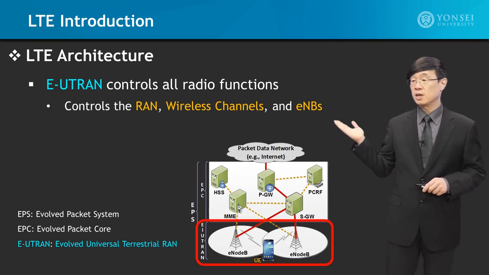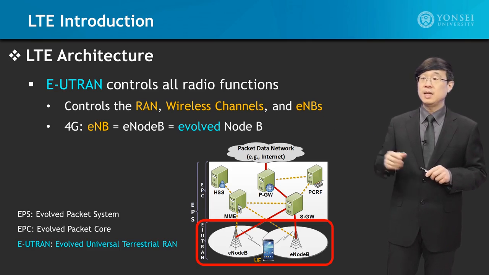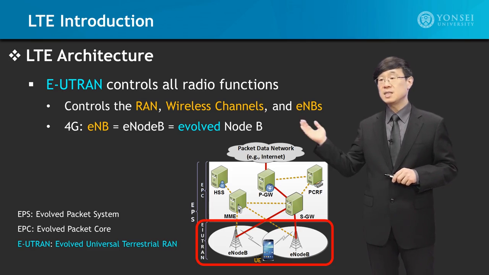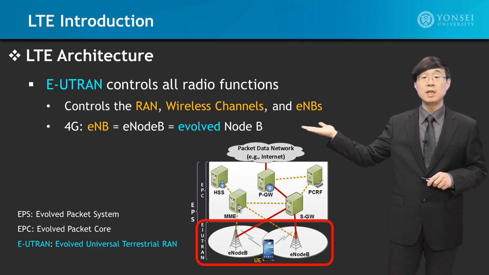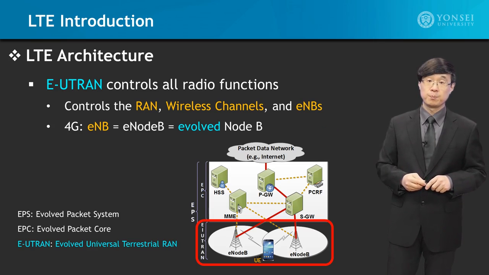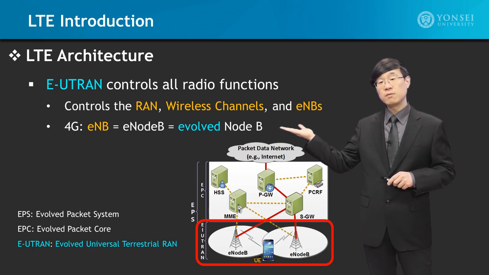This terminology comes from it controlling the radio access network. In addition, the wireless channel and the eNode Bs. The eNode Bs, in 4th generation mobile communication terminology, we write it as ENB, which stands for eNode B, which is short for Evolved Node B. So the word evolved, it's an evolved Node B.